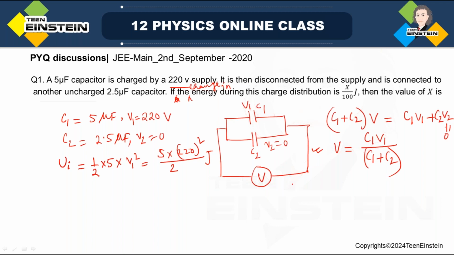Now if we put the values, 5 microfarad, so 5 into 10 to the power minus 6, and here also 10 to the power minus 6. V1 is given as 220 volt, divided by C1 plus C2, which is 7.5 into 10 to the power minus 6.